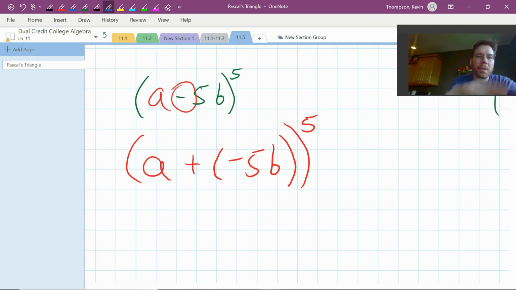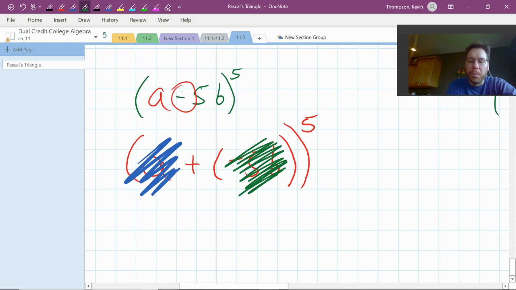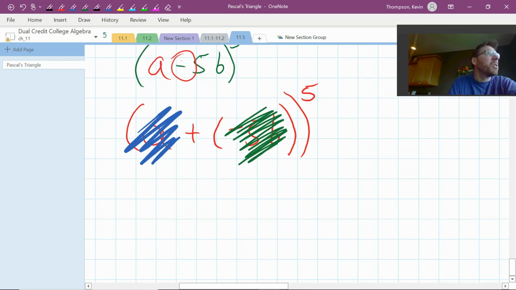So let me go back to my pattern now. So I'm going to blue squiggle. I'm going to scribble out A. So green squiggle, I'm going to scribble out negative 5b. So what I'm trying to do is make it look just like x plus y to the fifth. So here we should say something like 1 blue squiggle to the fifth power.